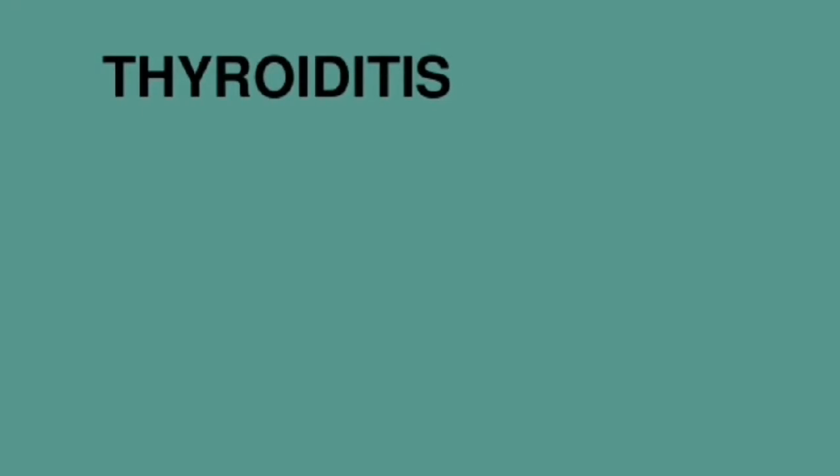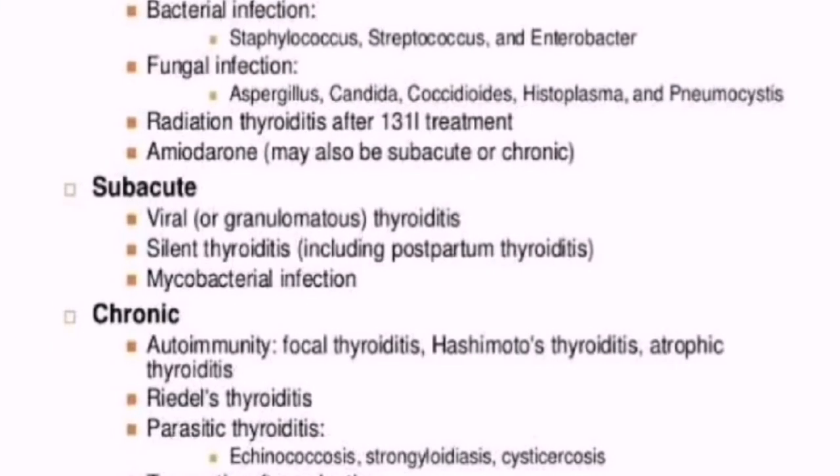What is thyroiditis? Here are some types: some are acute, some are subacute, some are chronic. Acute thyroiditis is a bacterial infection from Staphylococcus and Enterobacter, or a fungal infection from Aspergillus, Candida, Coccidioides, Histoplasma, and Pneumocystis.